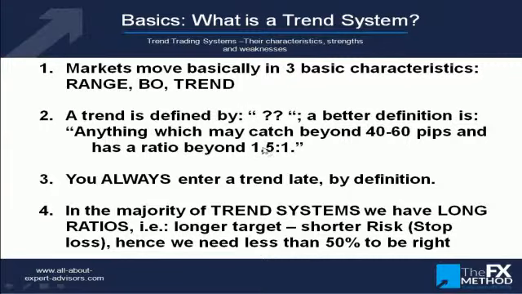Okay, at least 50% longer. If we're going for 60 pips, the stop loss should be maybe 30 pips, 45 pips, but not longer. Okay, that's what it means, this 1.5 to 1. Okay, I'm going to draw it here, so there's no doubt about it. Being the lower part, the stop loss.